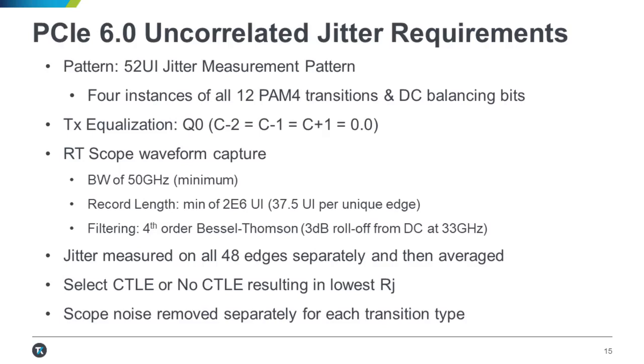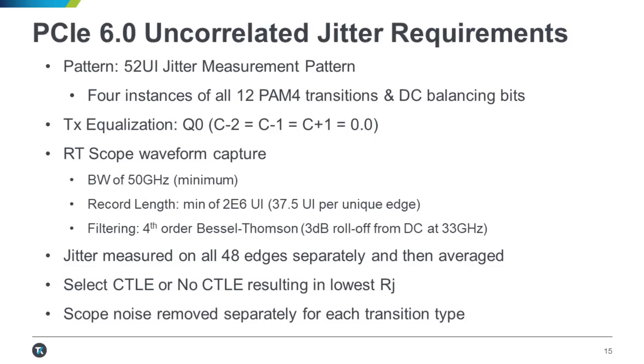And so what we do with the noise compensation is we look at each individual transition or edge, right? Given the slope of that edge, what is the appropriate amount of vertical noise that will get translated to jitter, and then let's remove that accurate amount for that edge, right? So that's the approach that's been done. Essentially we're determining jitter on each individual edge.